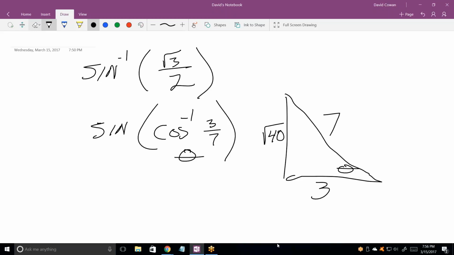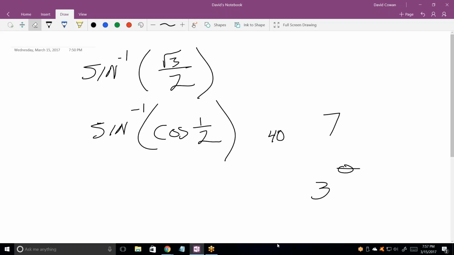But when it's the other way around, in other words, when it's inverse sine of cosine, they're always going to give you a number here that you can figure out. If I did that one, I don't have to draw a triangle. It doesn't do me any good to draw a triangle. I have to figure out what that value is.